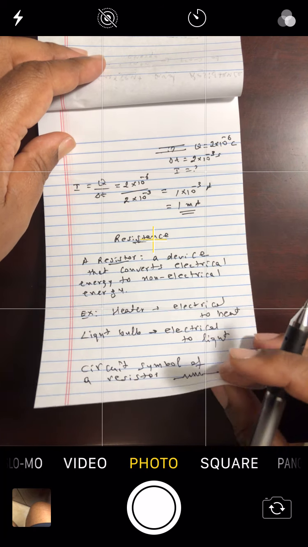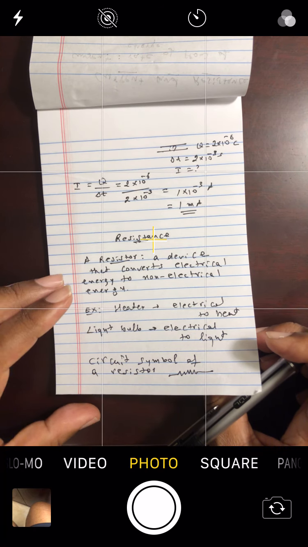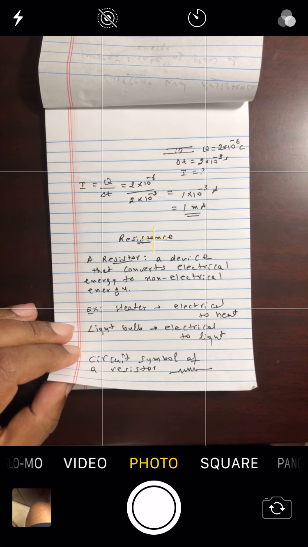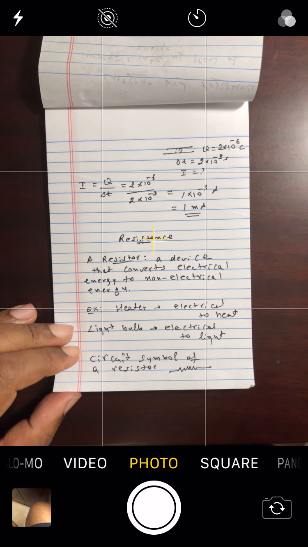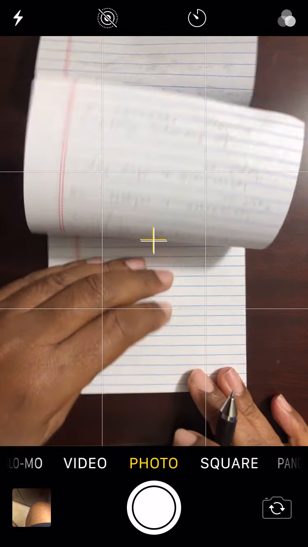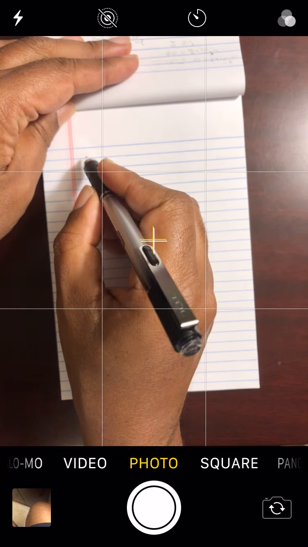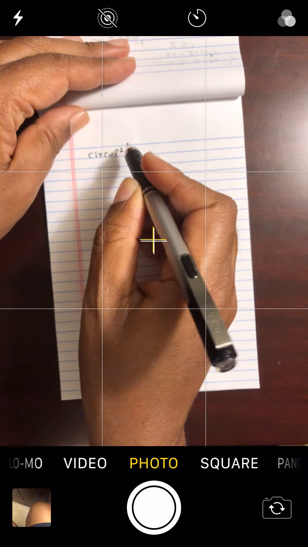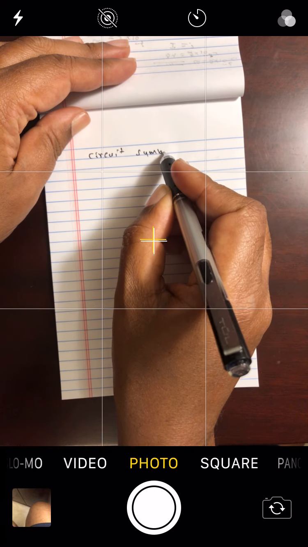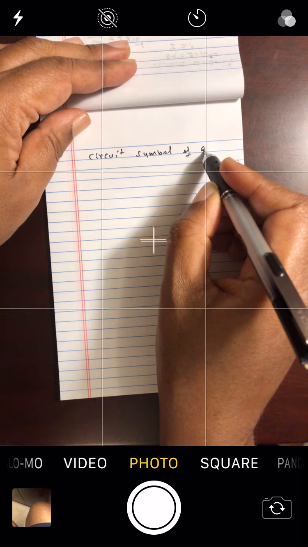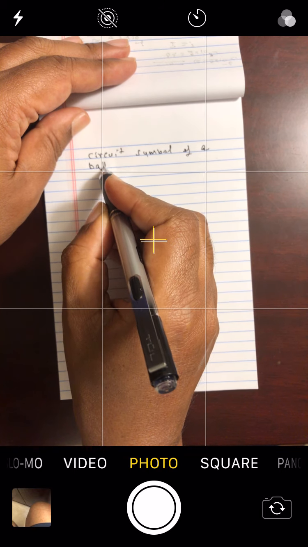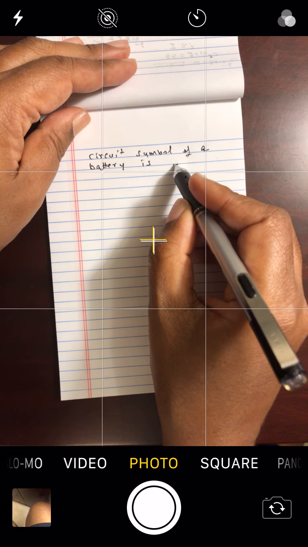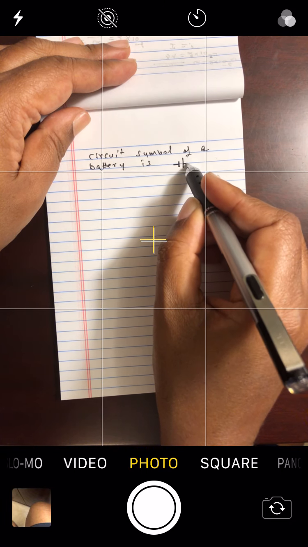Now, when you connect a resistor to a source of potential difference, such as a battery, of course, charges will flow. First, let me set the symbol of a battery or a source of potential difference. The circuit symbol of a battery or a DC source, as we can see in a later chapter, is this symbol: one short line, one long line.